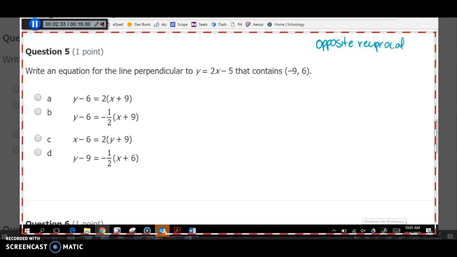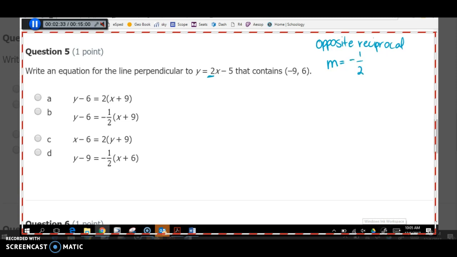In our original equation, the slope is the coefficient, or the number that comes before the x, so 2. So the opposite reciprocal, m, your slope, equals -1/2 for our new equation.